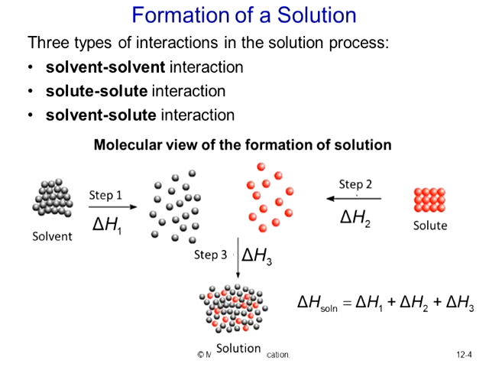So when we talk about solutions, we are talking about, for the most part, in this section, homogeneous solutions. So that's how homogeneous solutions are formed. The intermolecular forces between the solvent and the solute find some area where they are both compatible to form this homogeneous solution, and you can calculate the values for that solution formation.